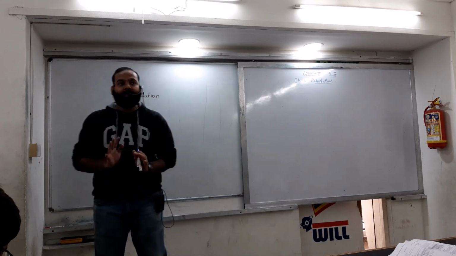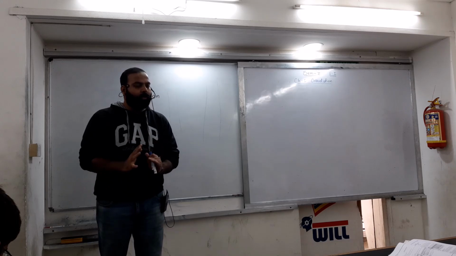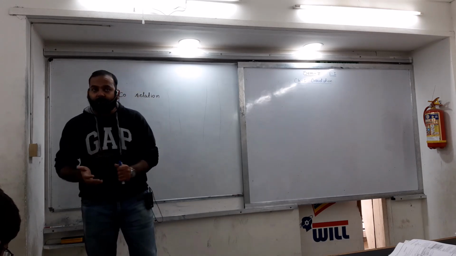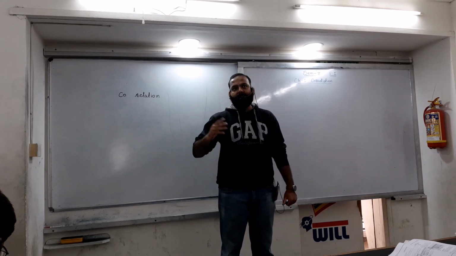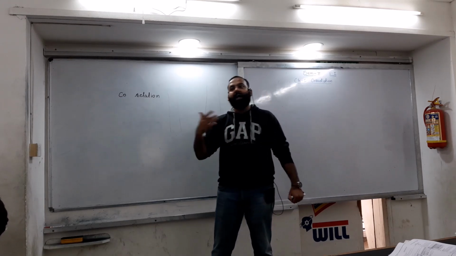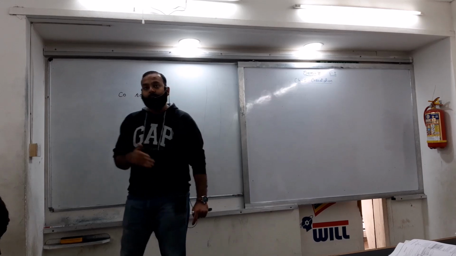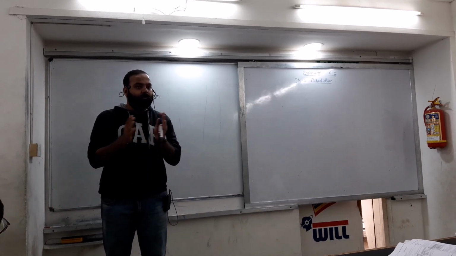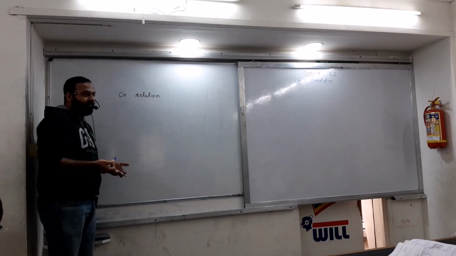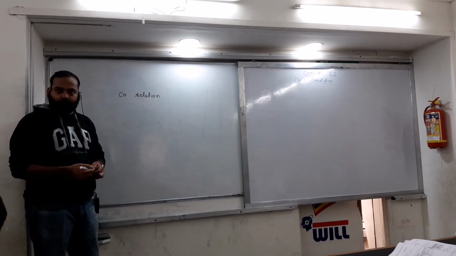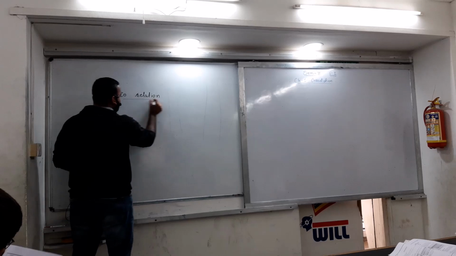So basically when we talk about correlation, we are going to study the relationship between two variables. Any two variables, if they have a relationship or not, and if they have a relationship, is it a positive relationship or a negative relationship? That is what we are going to study in this correlation. So when we are studying the relationship between two variables, there are actually two possibilities.